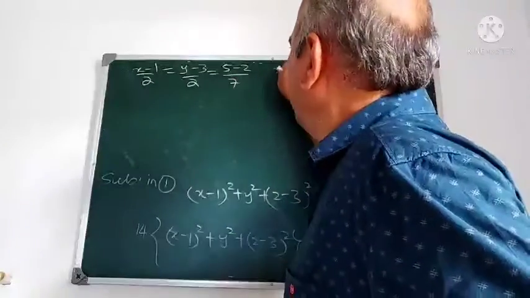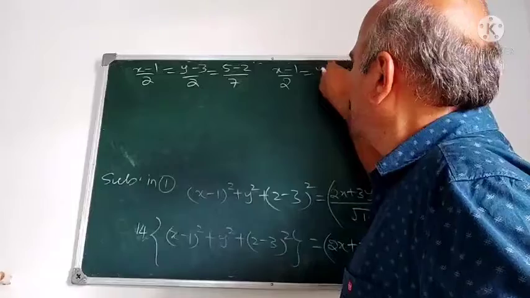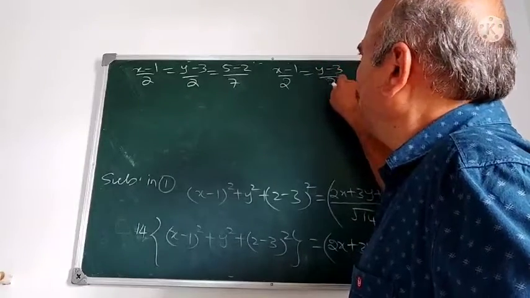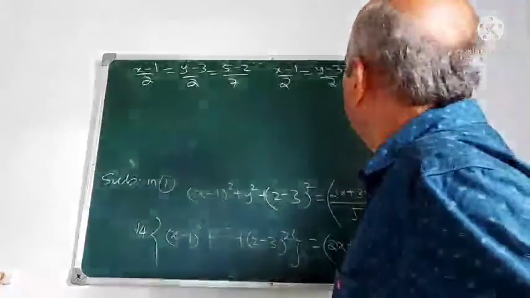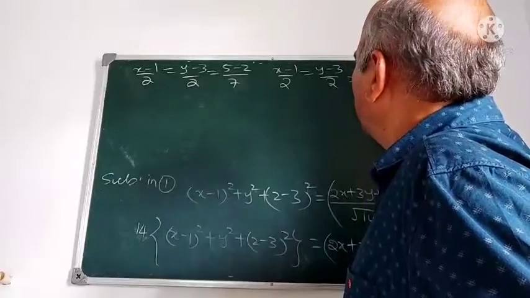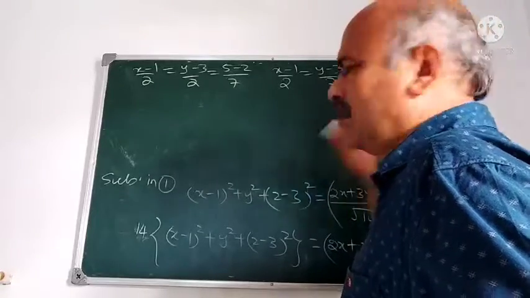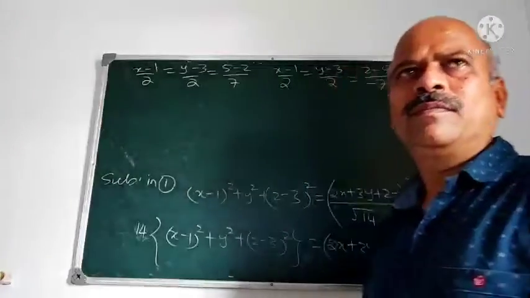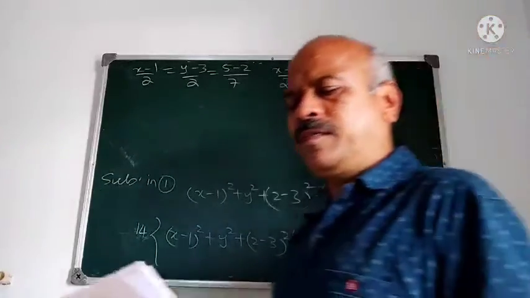You can take this as (x minus 1) by 2 is equal to (y minus 3) by 2 is equal to (z minus 5) by minus 7. This is the axis.